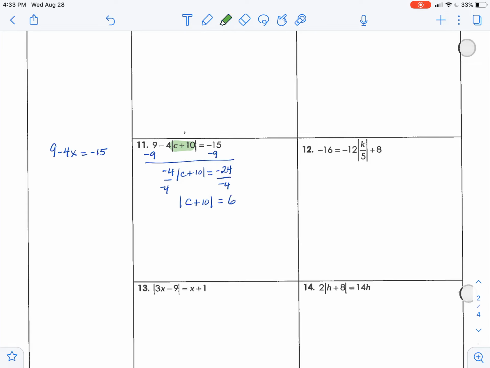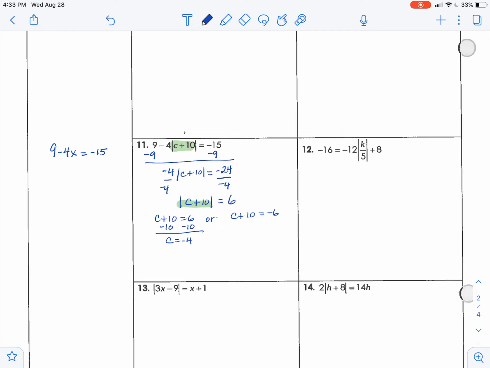And now, as you see, I have my absolute value isolated. It's all by itself. And I'm going to set up my two cases. So c plus 10 equals 6, or c plus 10 could equal a negative 6. So it could equal either one of those numbers. So I'm going to go ahead and solve. So c equals a negative 4.